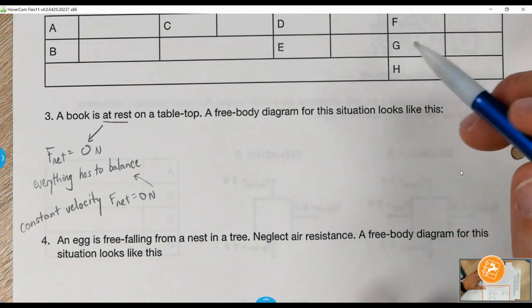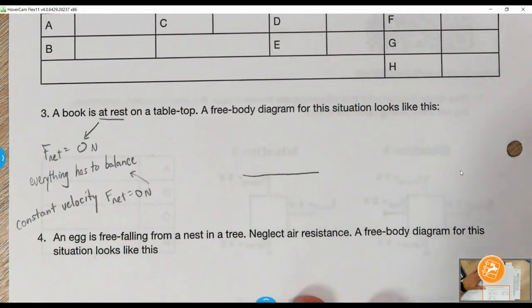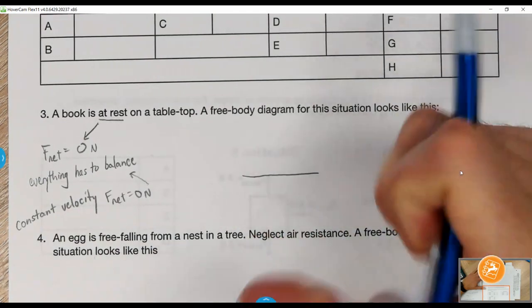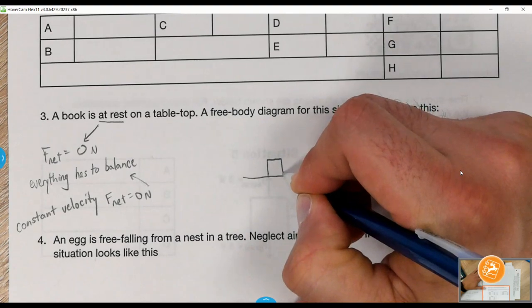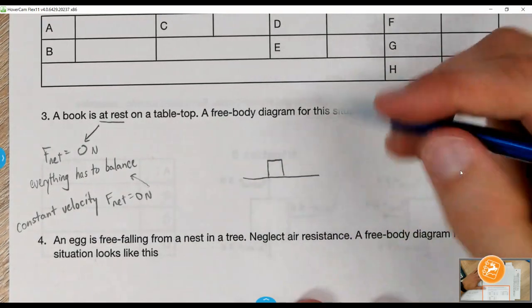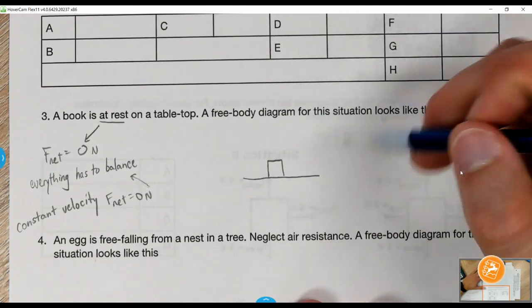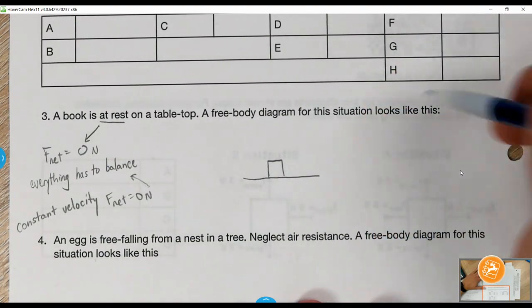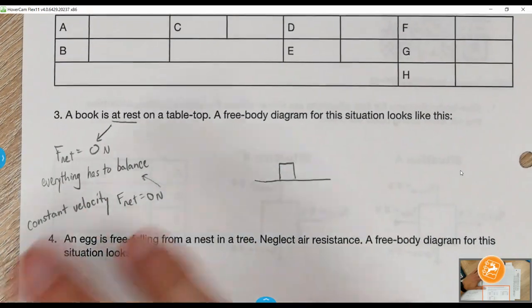So a free body diagram of a book at rest on a tabletop. Because it's on a tabletop, I'm just drawing a flat line like this, and I'm putting a box here, a little square. The square can represent anything. It could represent a horse and a carriage, a sled, a box, a fridge, a baby seal, whatever.